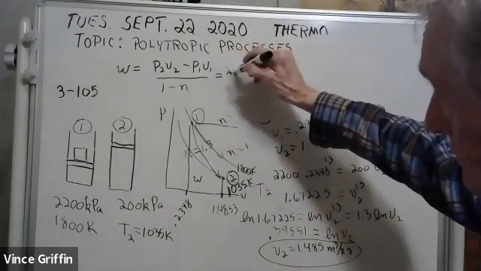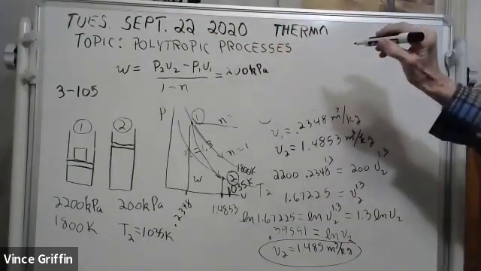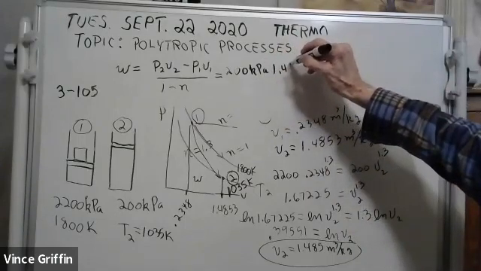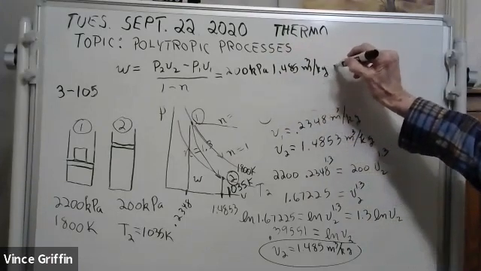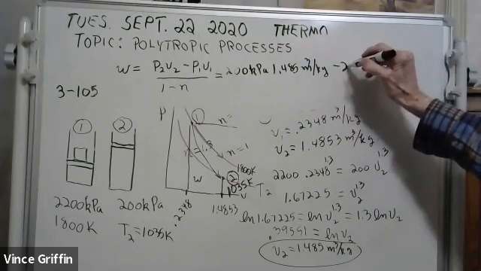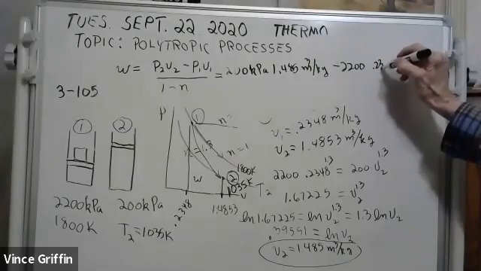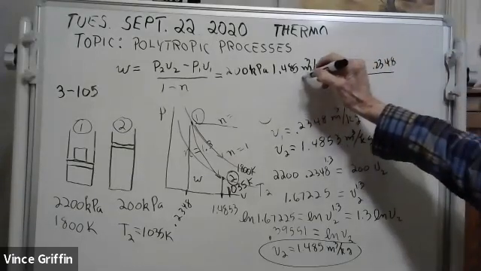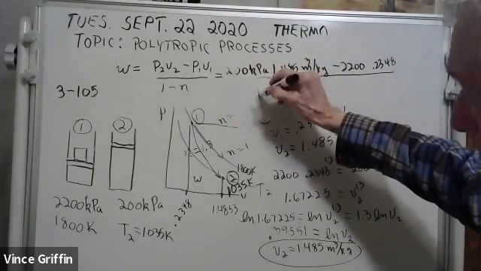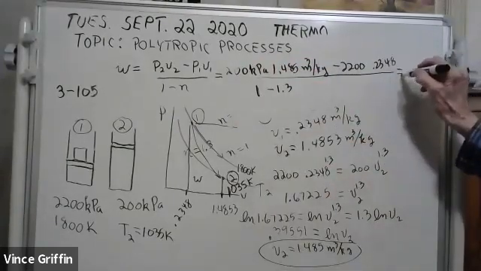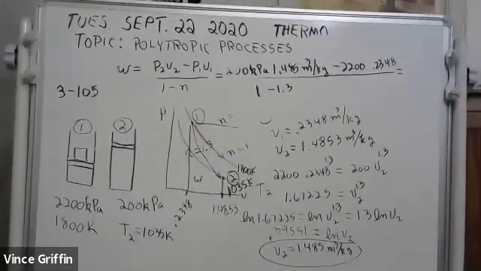That's 200 kilopascals. And what did we say V2 was? 1.485. And then we're going to subtract P1, which is 2200. And V1 is 0.2348. Then we're going to divide by 1 minus 1.3. Okay, go for it. Put all that in there, please, and we'll get our work done per mass.